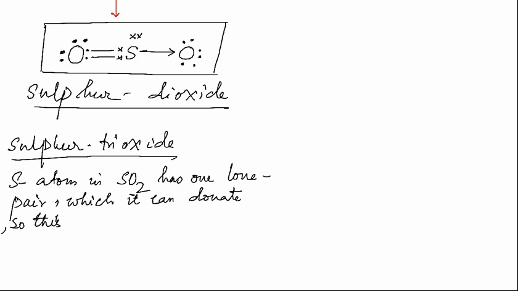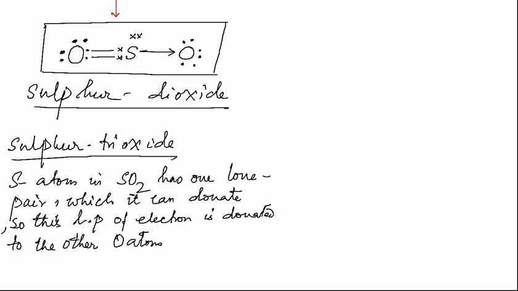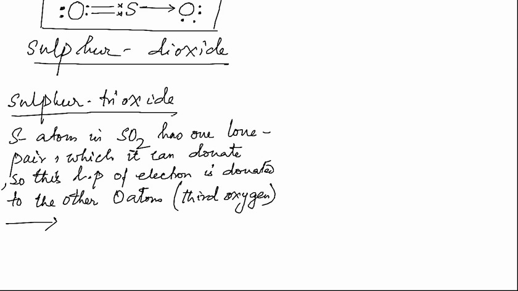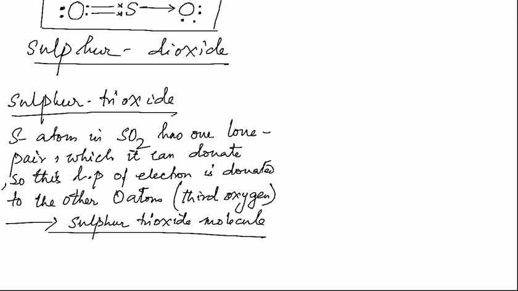So we can say that this lone pair of electrons is donated to the other oxygen atom, or a third oxygen, giving rise to the sulfur trioxide molecule. So this is the basic understanding of the formation of the sulfur trioxide molecule.